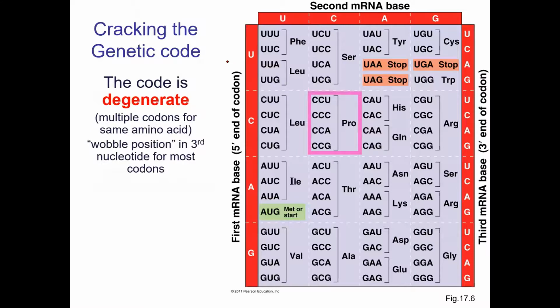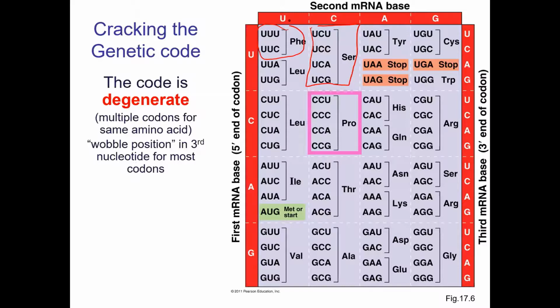Something else about this genetic code is that we talk about it being degenerate. What does that mean? It means that multiple codons can code for one amino acid. If you look at the example in the middle with proline, CCU, CCC, CCA, CCG all code for proline. Above it, you've got 4 codons coding for serine. To the left, we have 2 coding for phenylalanine, and so on.